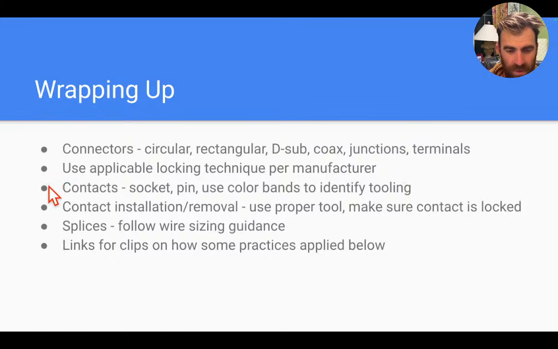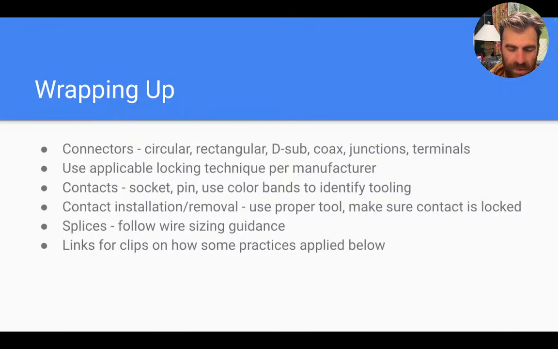Contacts can be a socket or a pin, and commonly use color bands to identify the part number of the contact itself, and which tooling you can use to crimp those pins and work on the contacts. For installation and removal of contacts, make sure that you use the proper tool that's called out by the manufacturer.